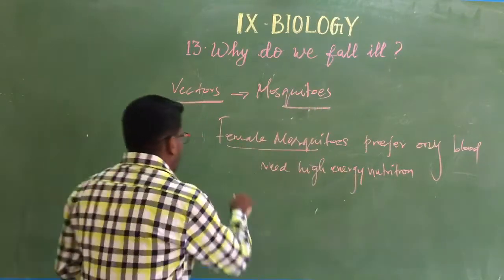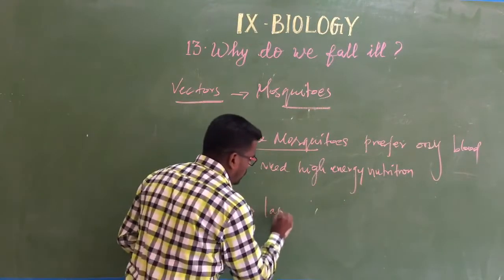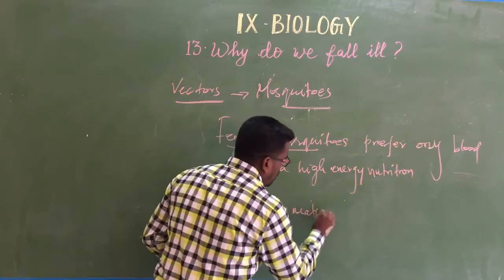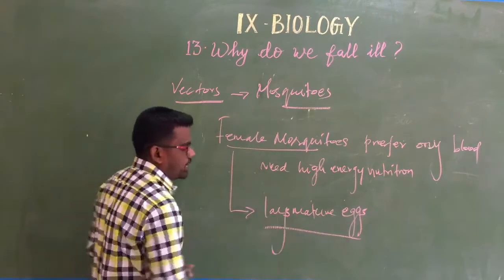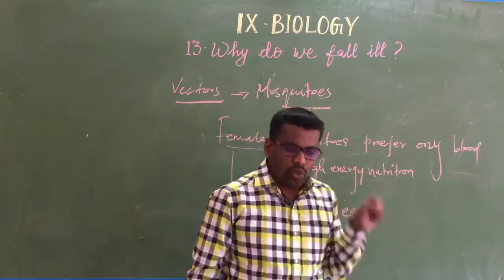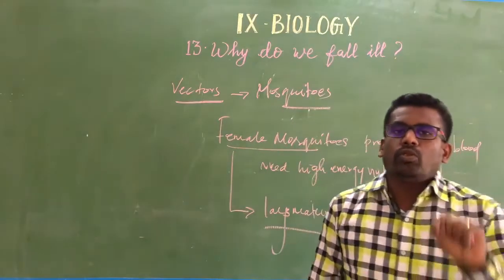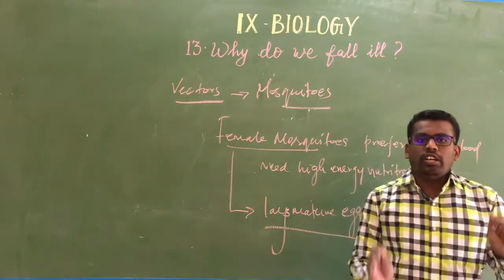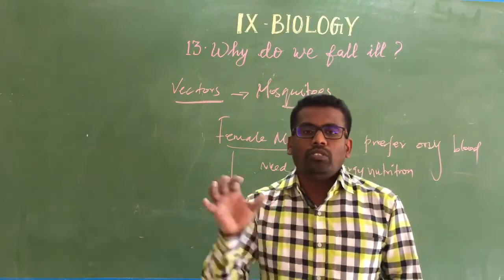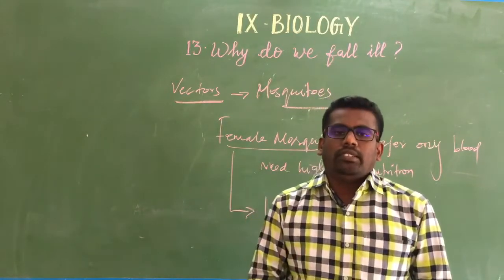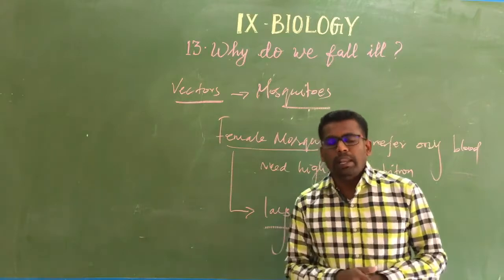Then only the female mosquitoes lay mature eggs. For laying mature eggs, the female mosquitoes need more energy in the form of blood. That's why the female mosquitoes bite us and take our blood.